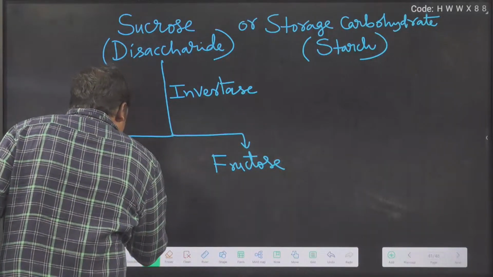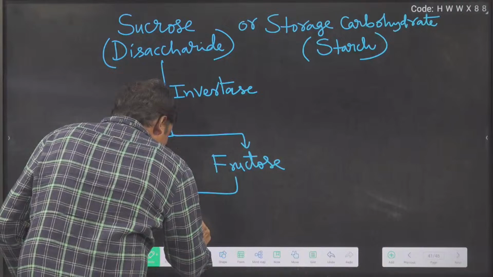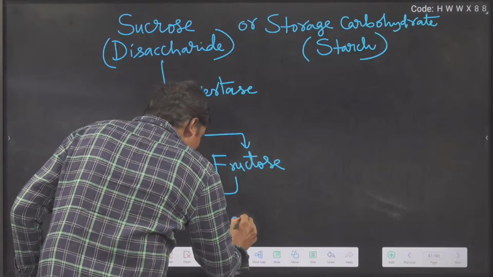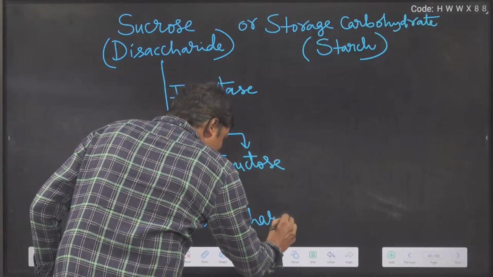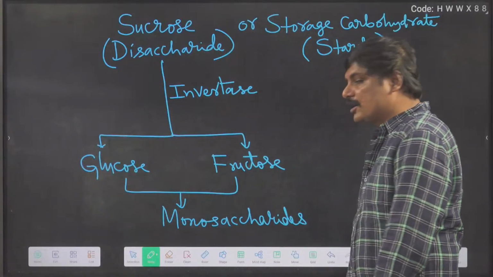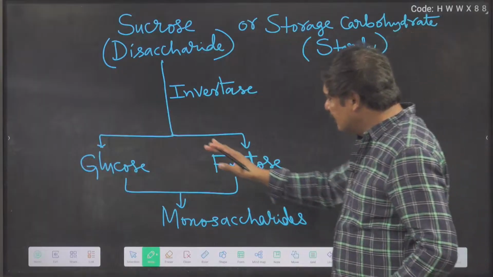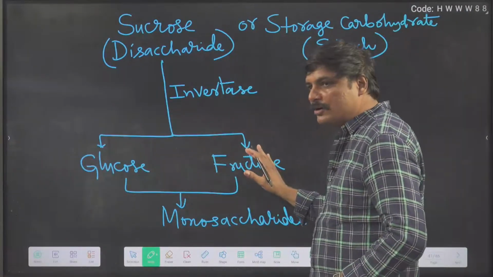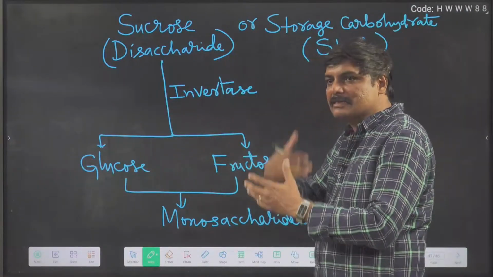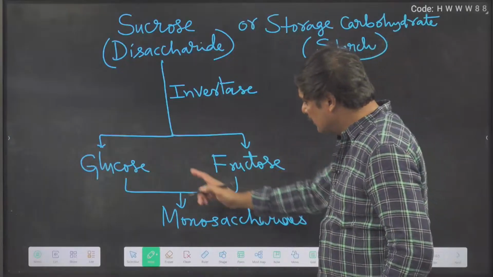Remember, glucose and fructose are monosaccharides. Now, this glucose or fructose acts as substrate for glycolysis, more commonly the glucose.